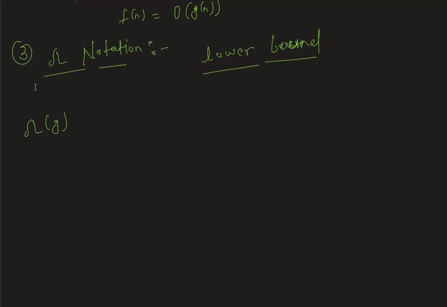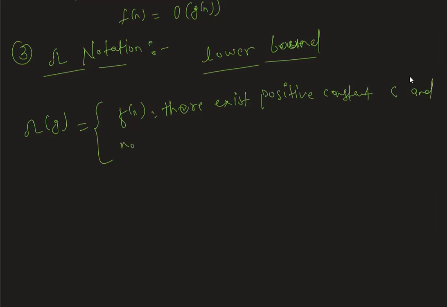Then there exists positive constant c and n naught such that c into g of n is greater than 0 and f of n is greater than c into g of n.